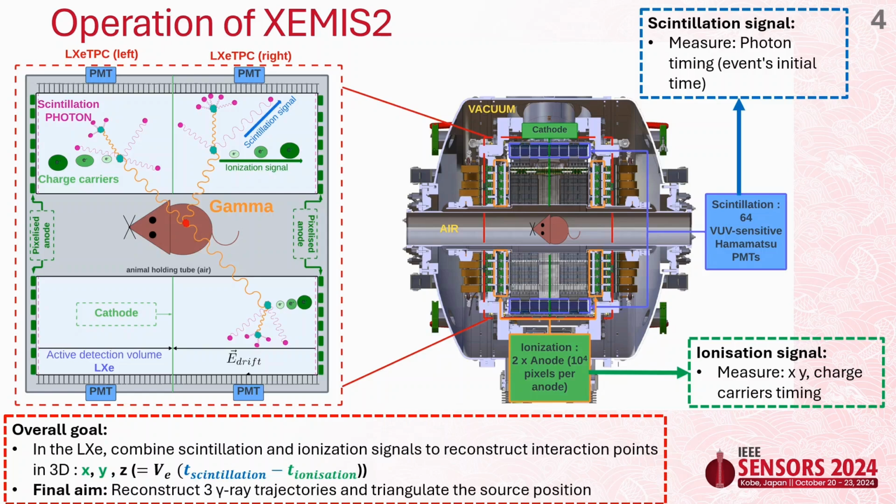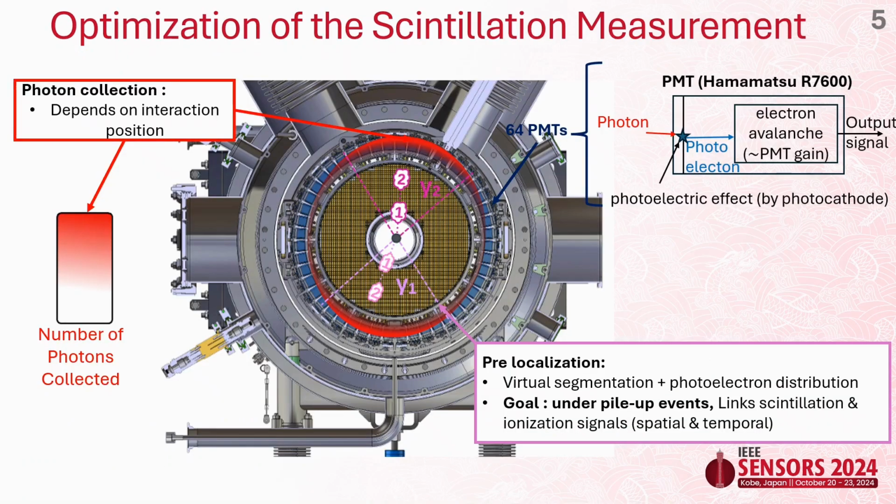This allows for the full reconstruction of the gamma ray trajectory and as well of the source position by triangulating them.